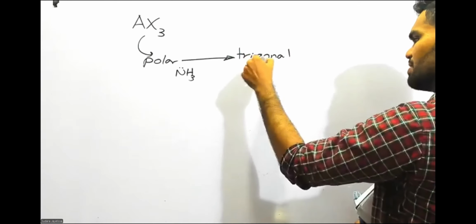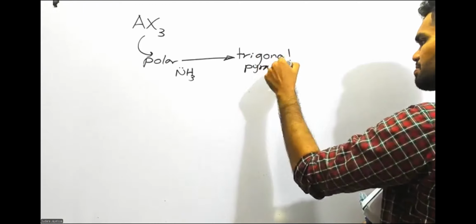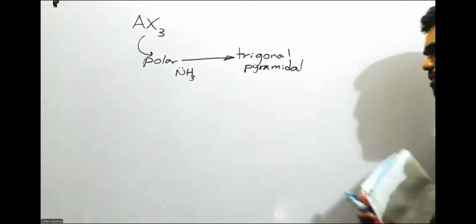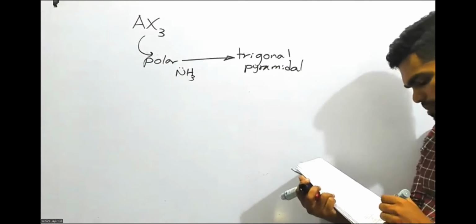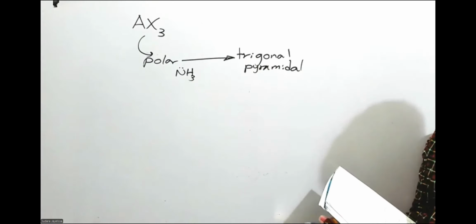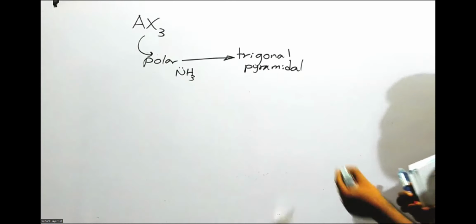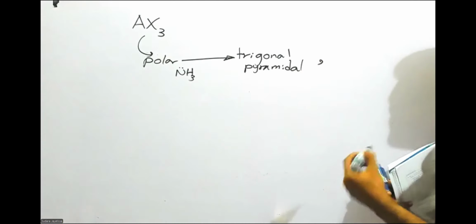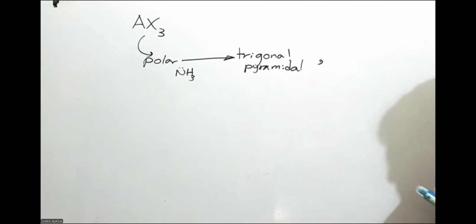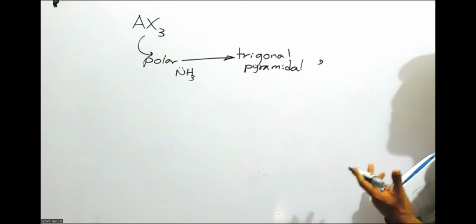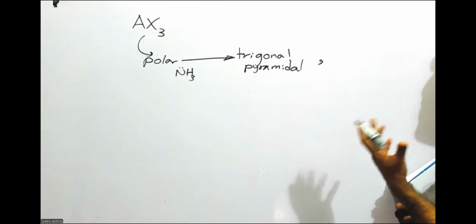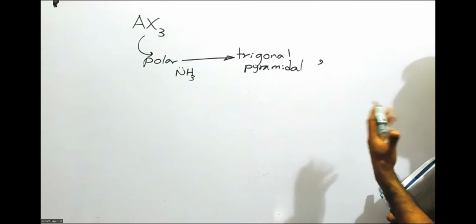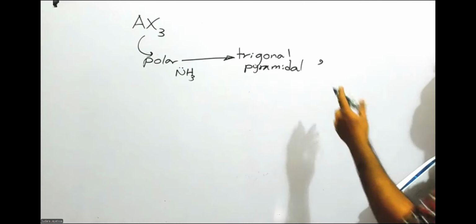Trigonal pyramidal is one shape. And they are not only asking for one. Possible shape or shapes, so if there are more, you have to write them. This one may not come to you directly, even though you write NH3. There is another one. This might not come to you so quickly, but with more practice, it will.